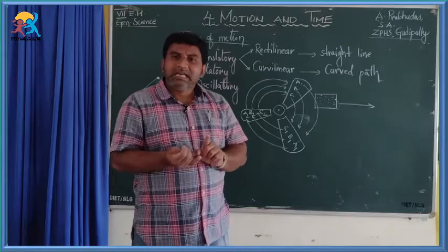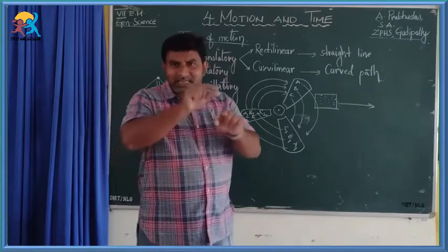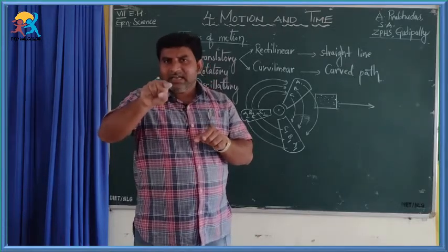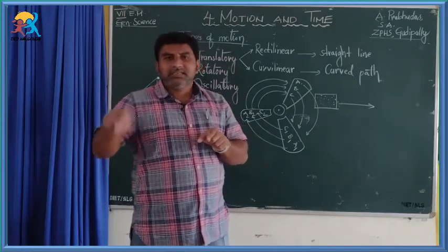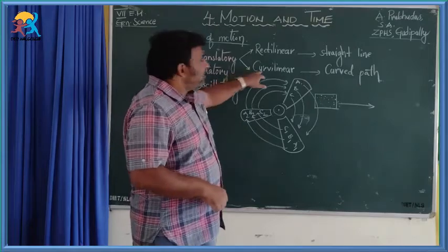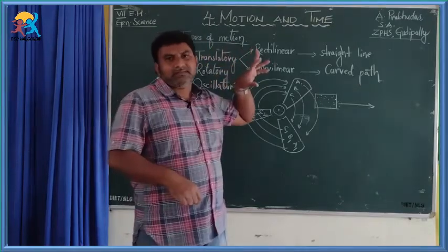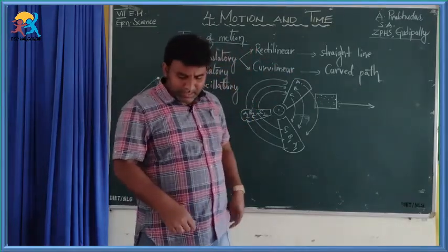It shows a rectilinear motion when it travels in a straight line, and when the tape winds around the wheels, it shows rotatory motion or curvilinear motion.